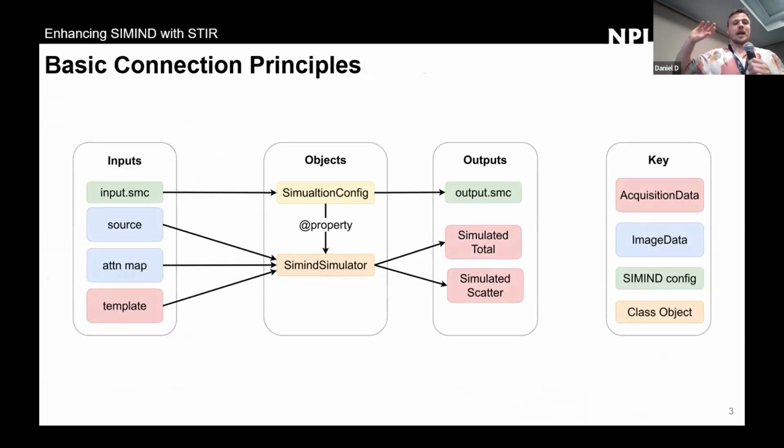This will create a simulation config object based on the SIMIND configuration file that you give it. From there, you can change all the configurations, all the different indexes, as they're called in SIMIND. That's the collimator, the crystal size, and so on. Then you run a simulation, and this will save an output configuration file, and you should be able to get SIRF projections, Monte Carlo simulations, out on the other side.